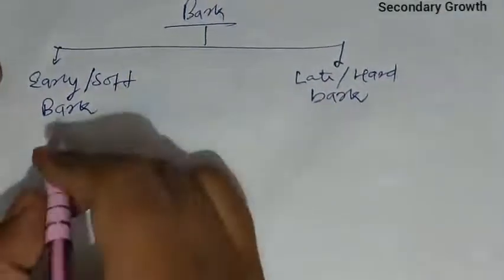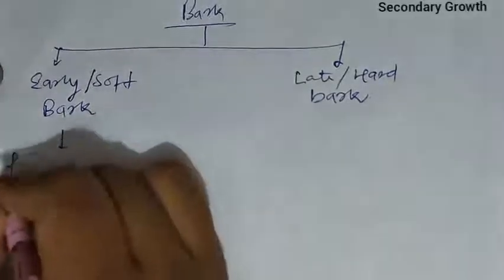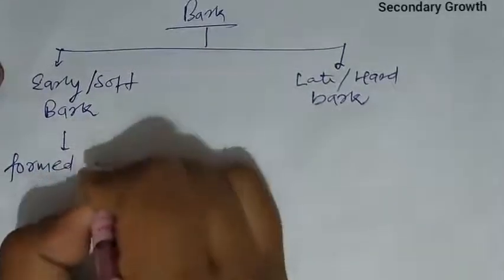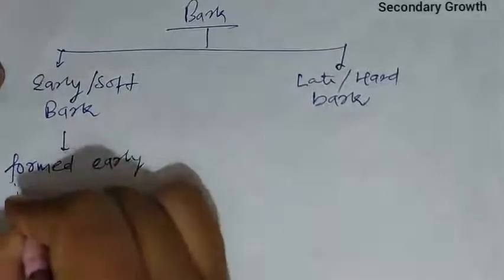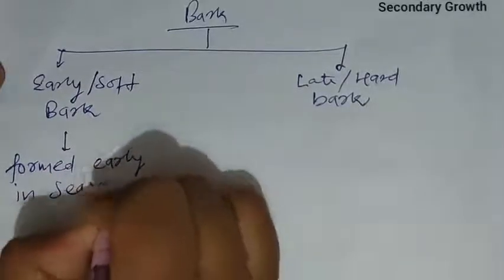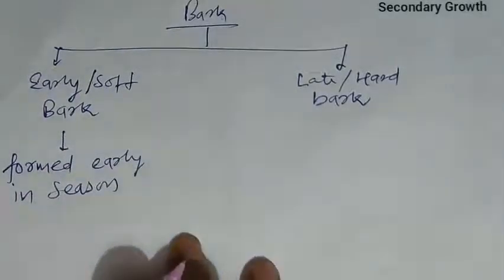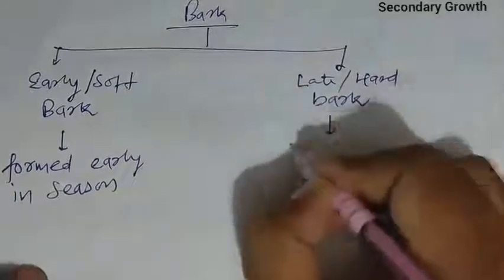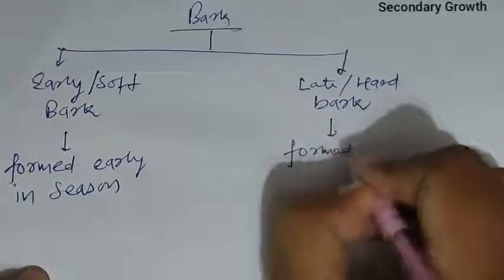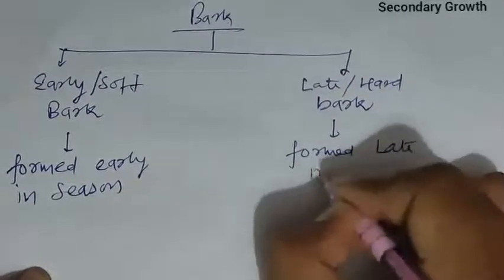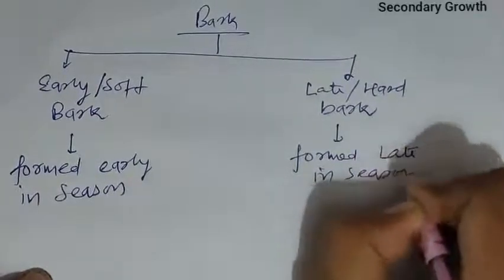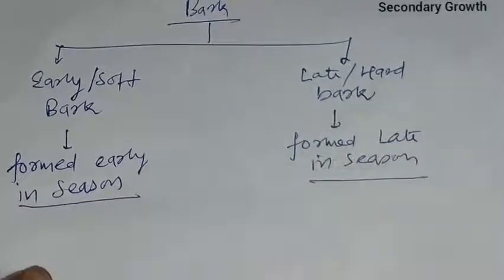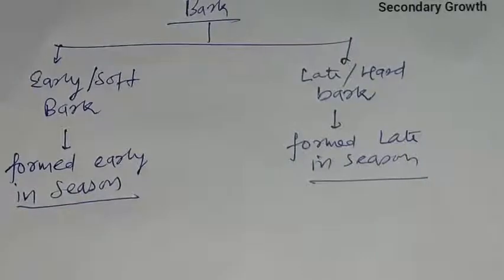Now early or soft bark is formed early in the season, whereas late or hard bark is formed late in the season. So based on the time in the season they form, they are known as early bark and late bark.